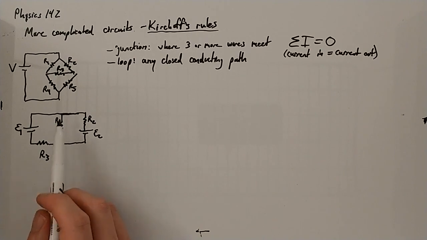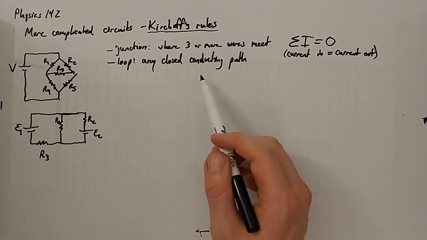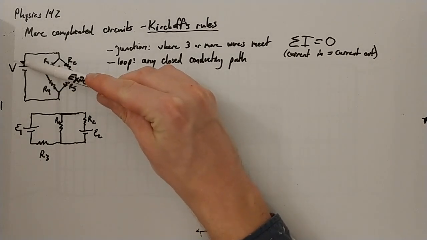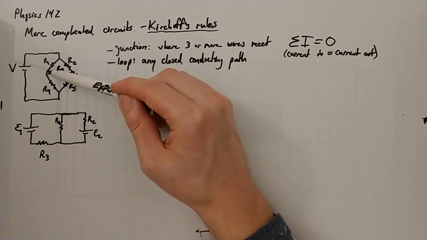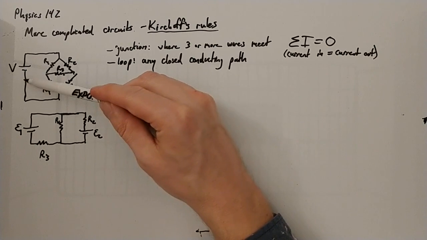All right, so his loop rule says that if you add up all of the potential differences around a closed loop, here we go up some amount of potential V, right? And then here, presumably, we lose some potential, and maybe we lose more potential. We get back to where we started.